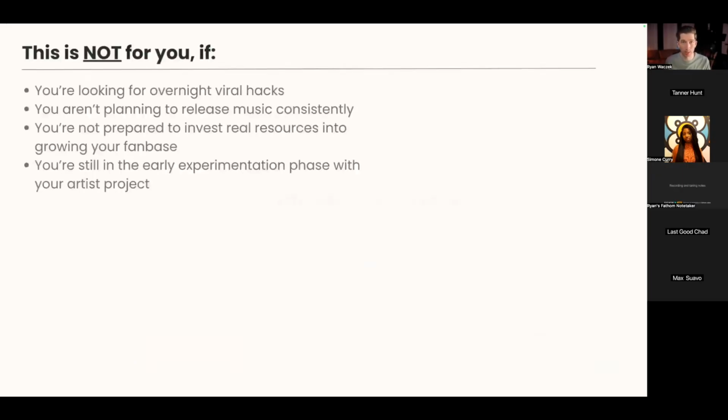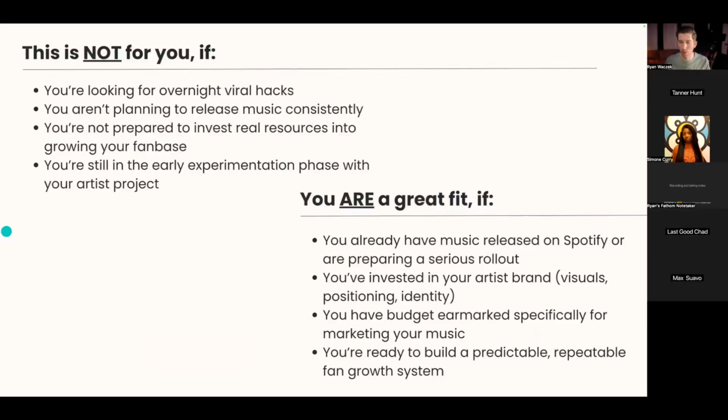I just want to make sure that you know really quick that this is not for you if you're just looking for an overnight viral hack. As you saw in the screenshots, this is not buying streams. This is not any of those things where you just pay money and then you get the number up. This is real marketing.